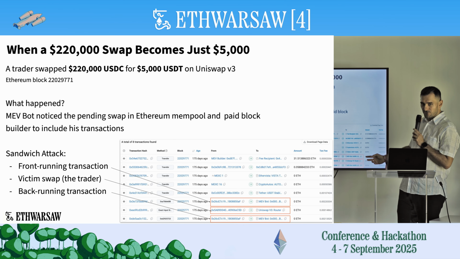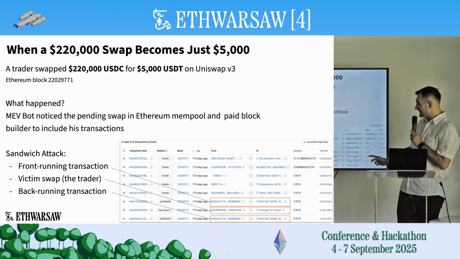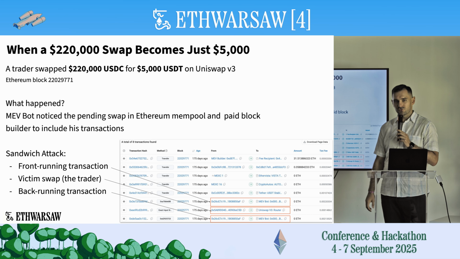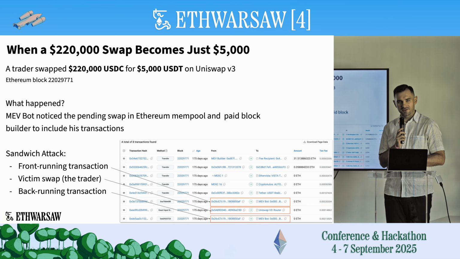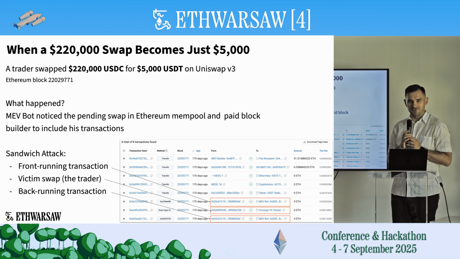We say that one was front running and the other was back running, and as a result, that MEV bot together with the block builder made a profit of over 200,000, at the expense of that trader.